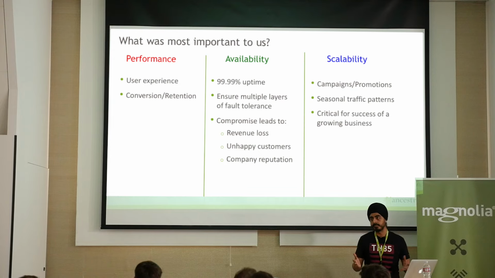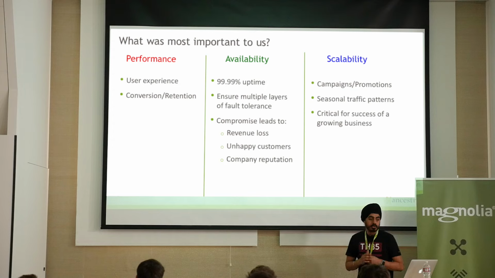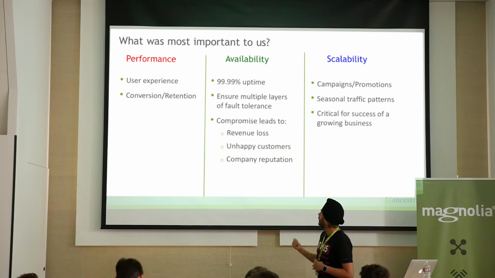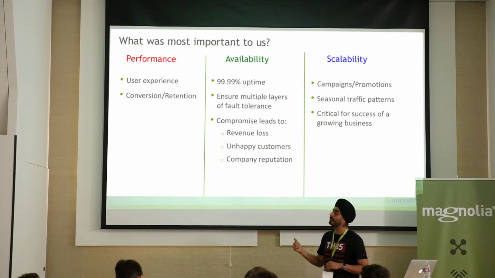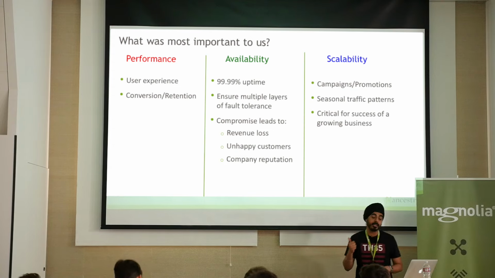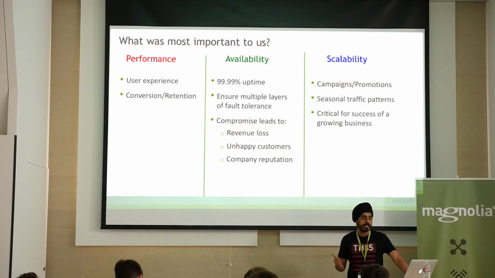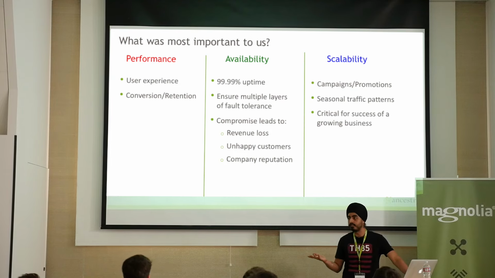We knew we had to build a system that's highly performant and also available. I think a lot of companies have similar requirements on availability, the 4 nines. What that means is there cannot be an annual outage of more than 50 minutes. That's tough to achieve.